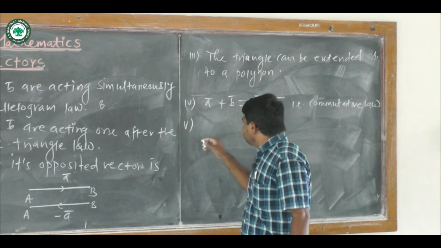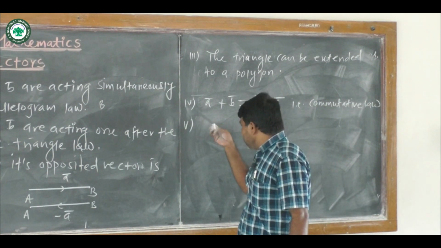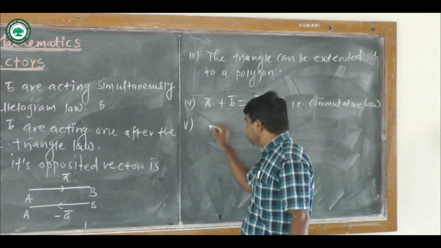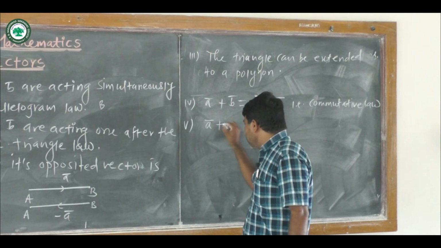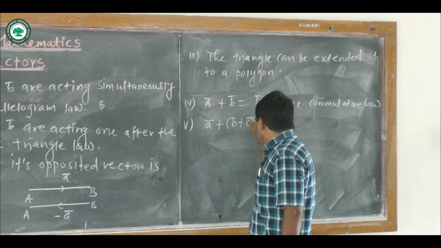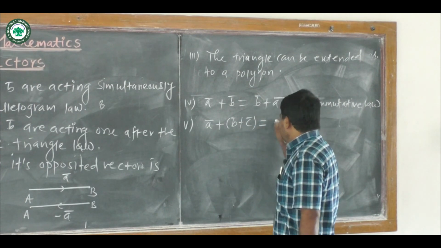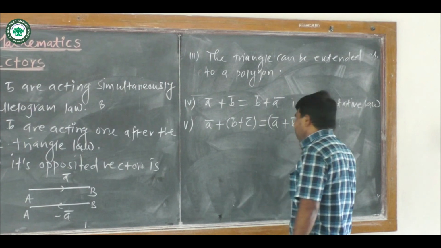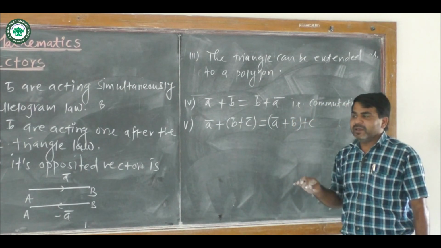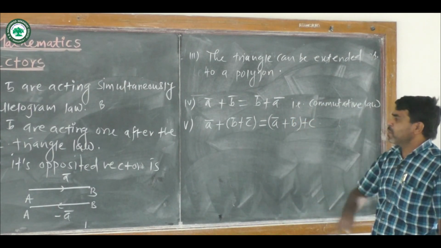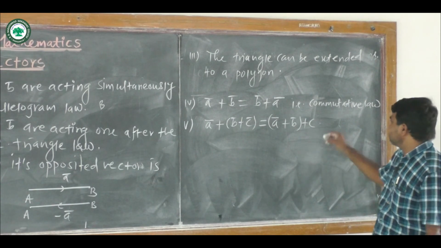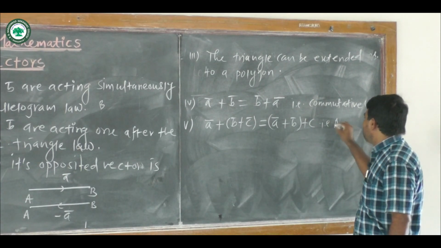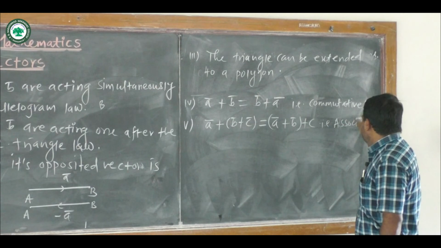Fifth one. If we have three vectors A bar, B bar, C bar, then A bar plus B bar plus C bar is equal to A bar plus B bar plus C bar, with the grouping changed. Everyone knows this property, that is the associative property or associative law.